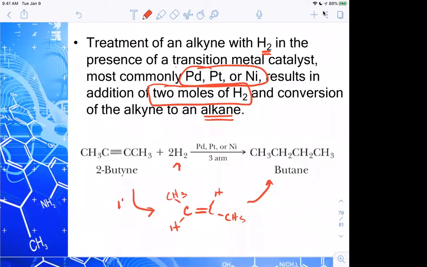So I have 1 molecule of hydrogen to do that, and then 1 molecule of hydrogen to take it all the way down. 3 atmospheres, this is pressure, and that's significant. You have to do that in an apparatus that can withstand some pressure. But what I got is 4 additions of hydrogens along that triple bond, and I get the fully saturated butane.